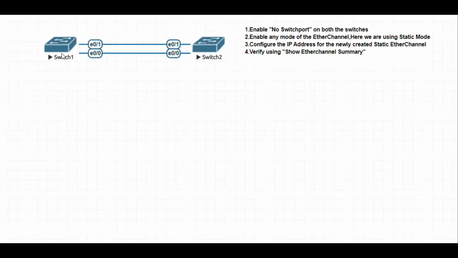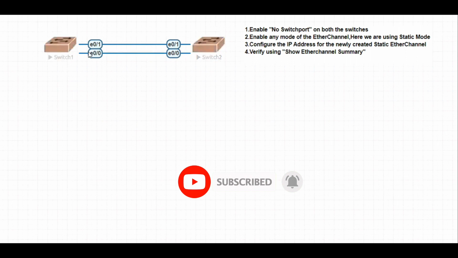We have got switch 1 and switch 2, and both the switches are at the moment layer 2 switches. So we are going to convert this layer 2 into layer 3, and we will use the command no switchport on both these interfaces on both the switches. And once we convert the layer 2 switch to layer 3, we will configure static mode of EtherChannel.